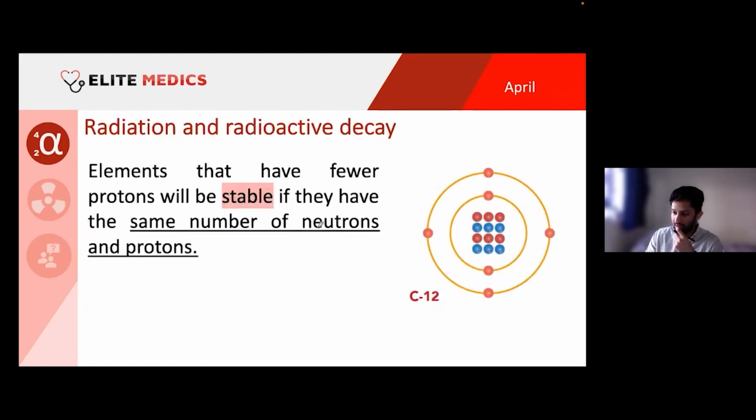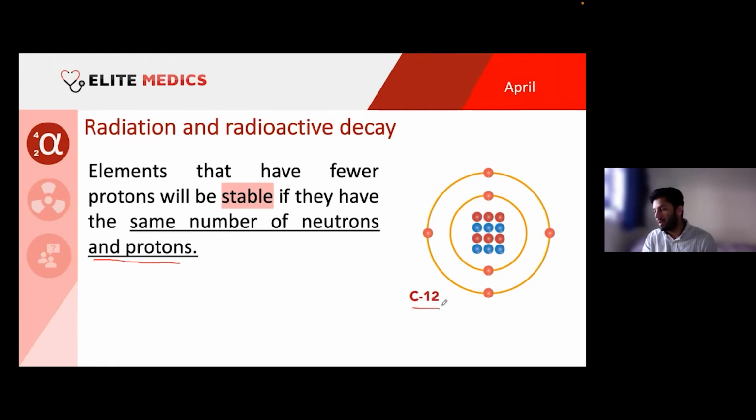Okay, so elements that have fewer protons will be stable if they have the same number of neutrons and protons. So if we can match the ratio of protons to neutrons in these smaller atoms that have fewer protons, they're stable. So, for example, carbon-12.